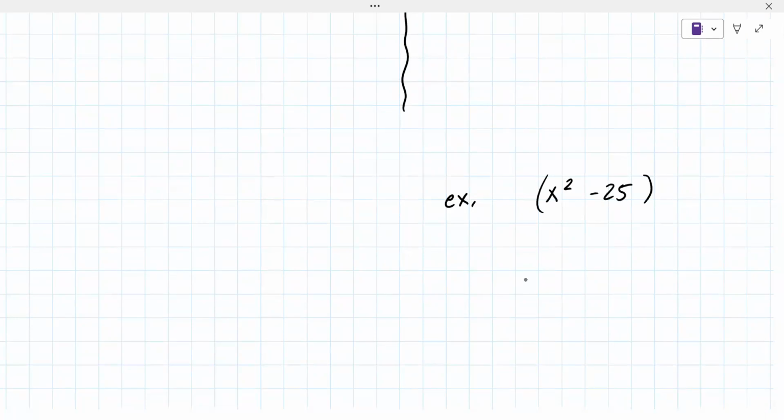This becomes x minus 5, x plus 5. Let me write that down. Square root of 25, and then analyze it.